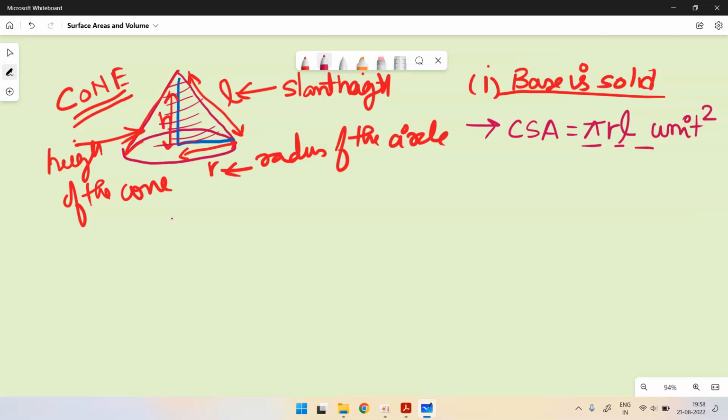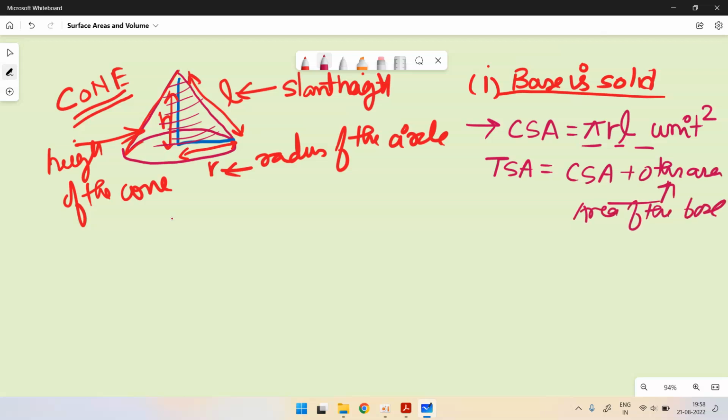Now, total surface area. I have already told you, curved surface area plus other area. What is the other area in this case? It is the area of the base. Area of base is a circle, so area will be pi r square.